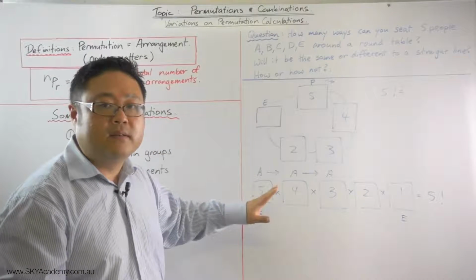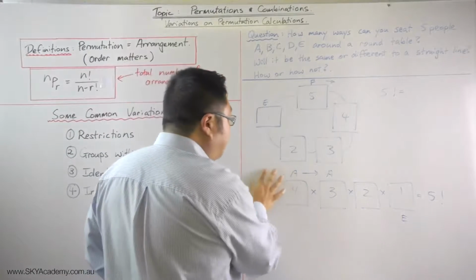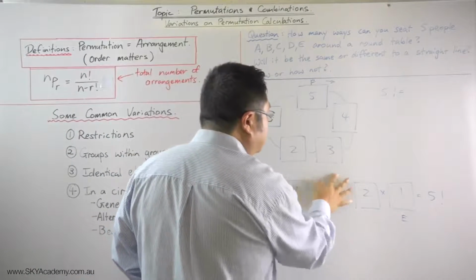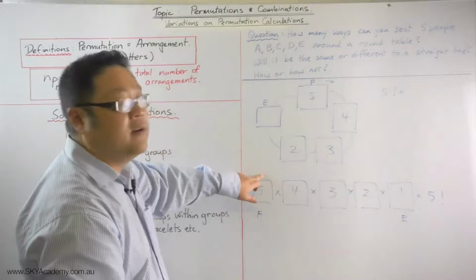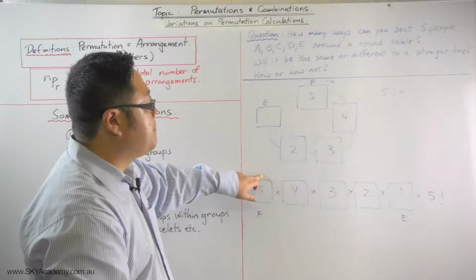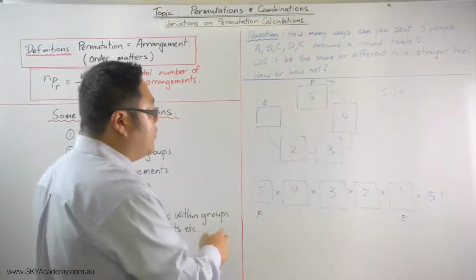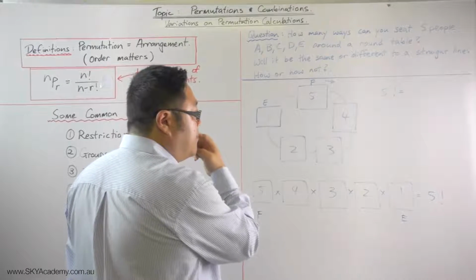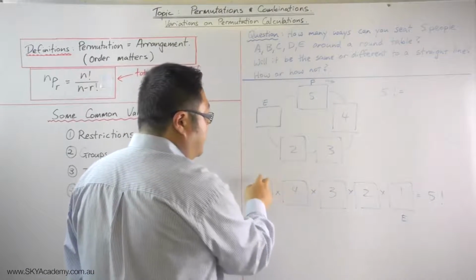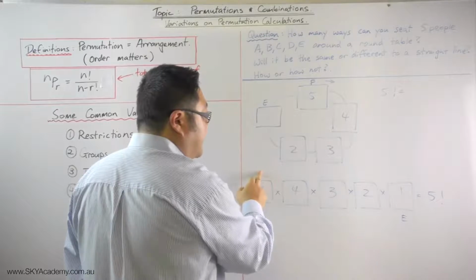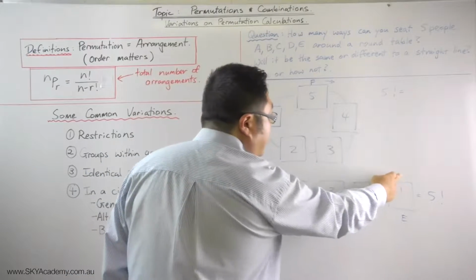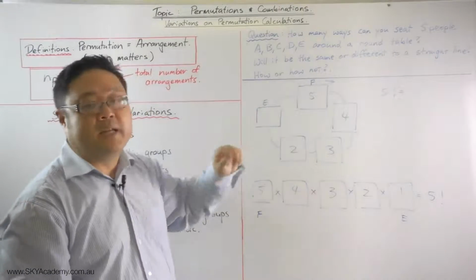Does that make sense? Depending on where your starting point is in a straight line, that would be a different arrangement in a straight line, but it would be the same arrangement in a circle.